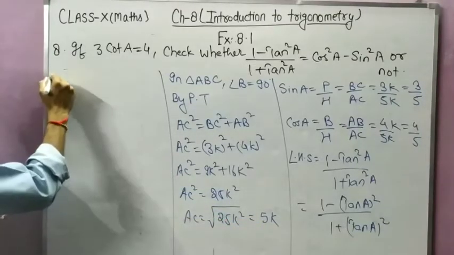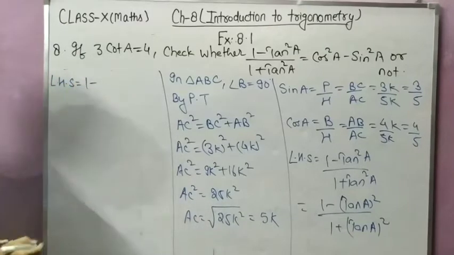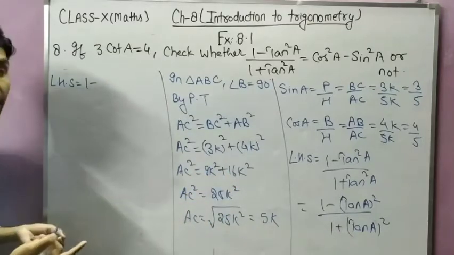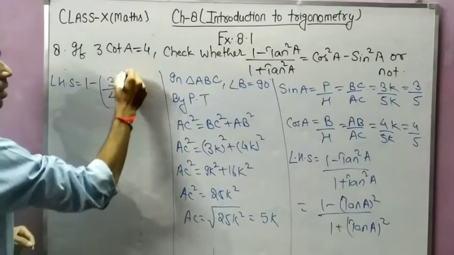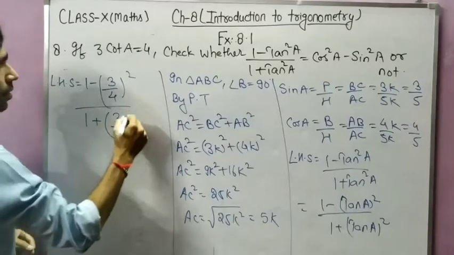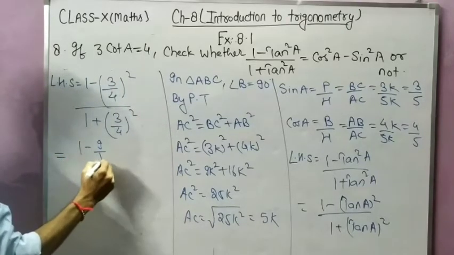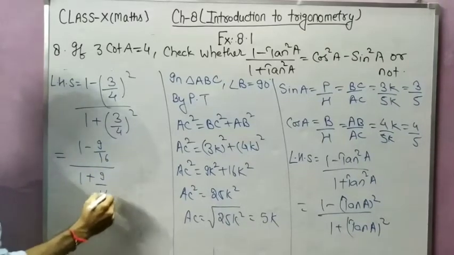Okay, so LHS is equal to 1 minus tan A का स्क्वायर. The value of tan A was 3 by 4. So 3 by 4 square divided by 1 plus 3 by 4 square. ठीक है, now solve it. So 1 minus 9 by 16 in the numerator and 1 plus 9 by 16 in the denominator.